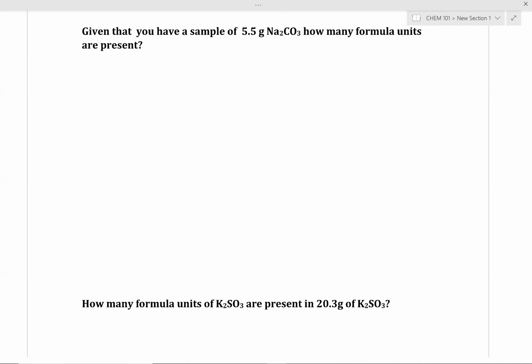Okay, is everyone comfortable where we got the number 23 from? Just as a side note, the reason I can round to this precision is that my initial measurement is of a lower precision.